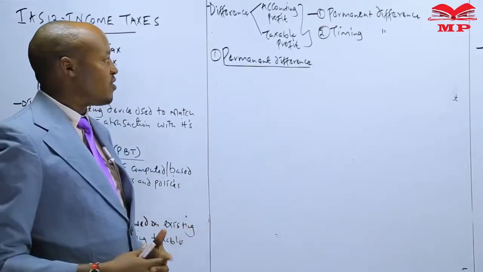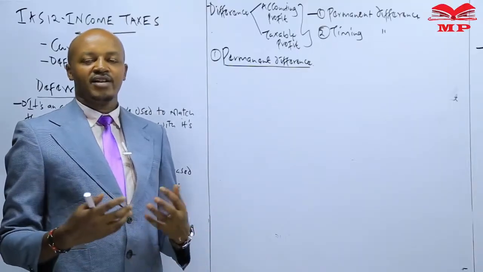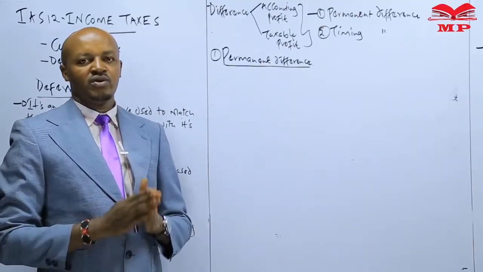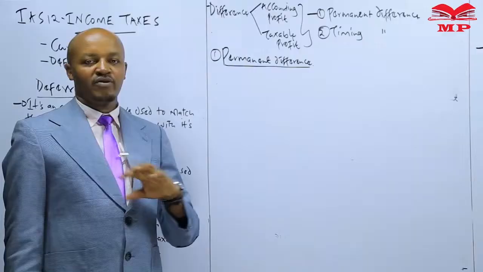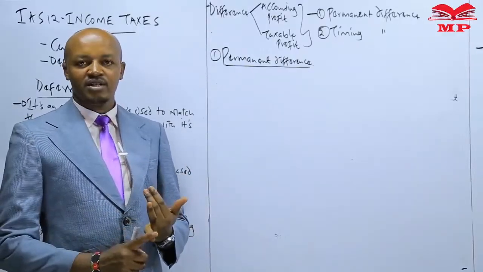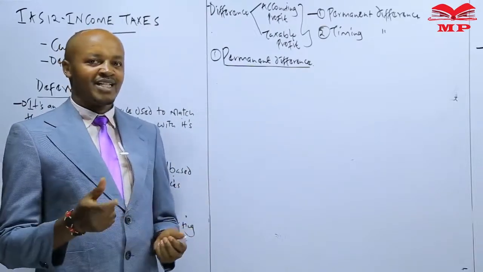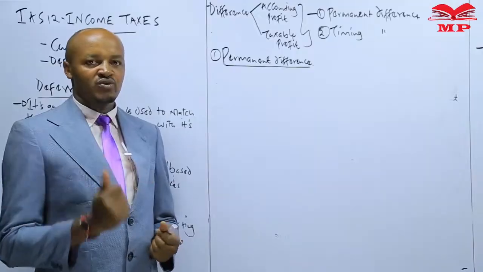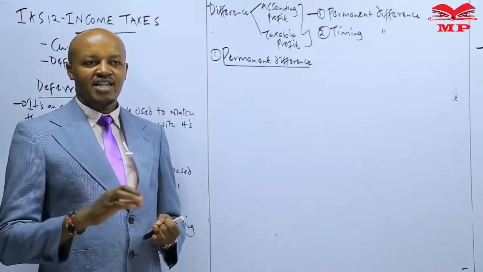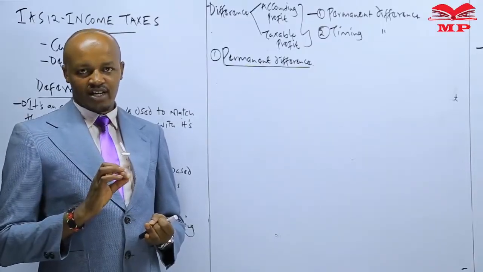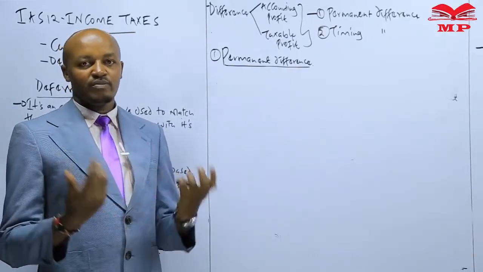A very good example of that is depreciation and penalties and fines, because for the purpose of computing the accounting profit, the profit in the income statement, items such as depreciation and fines and penalties are treated as expenses. But when we come back to taxation, depreciation, fines and penalties are disallowable expenses. So as a result, those two profits will be different.